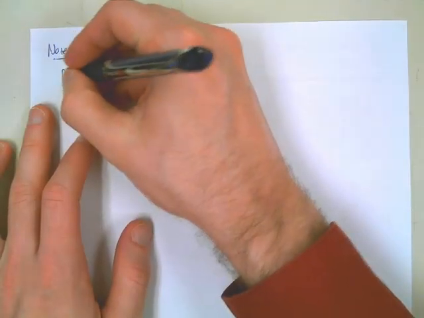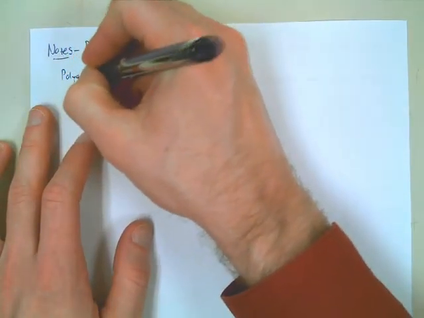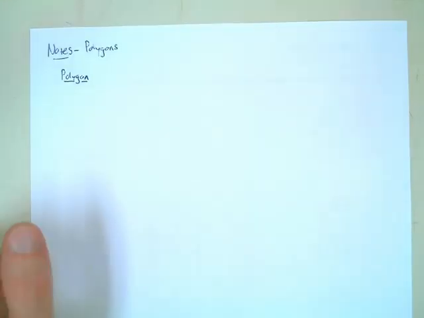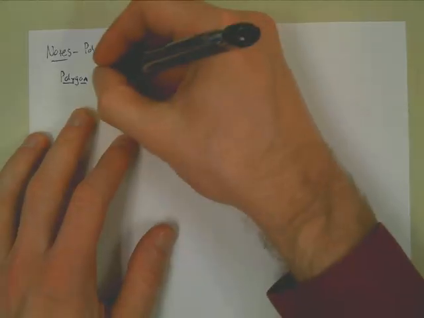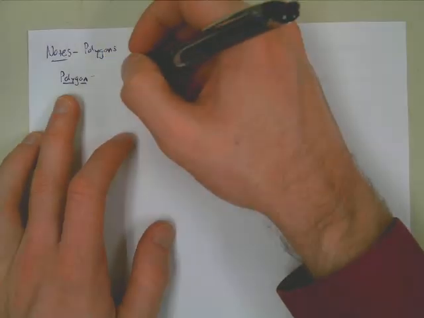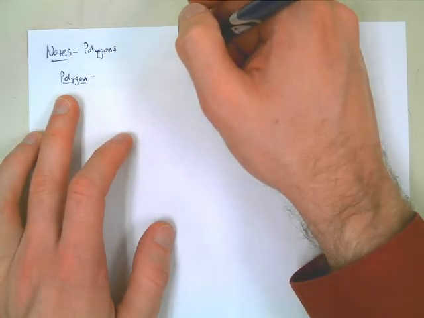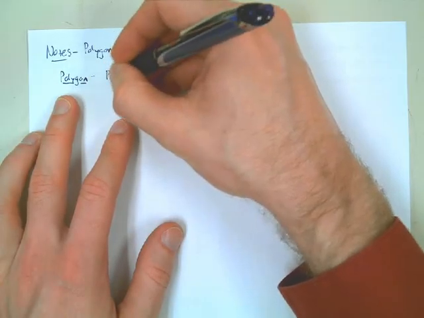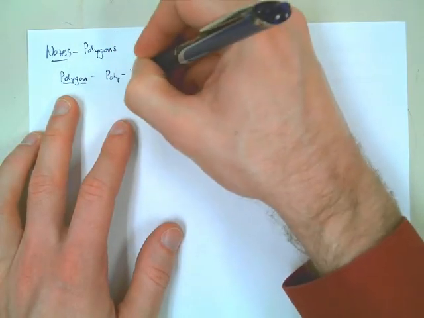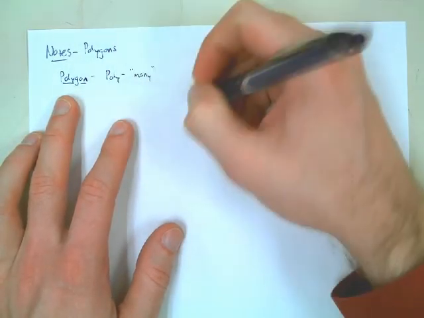And so we're going to define what a polygon is. The word polygon comes from Greek. I believe it means, well, the word poly, does anyone know what that prefix poly means? Like many? Yeah, many, exactly right. So poly just means many.